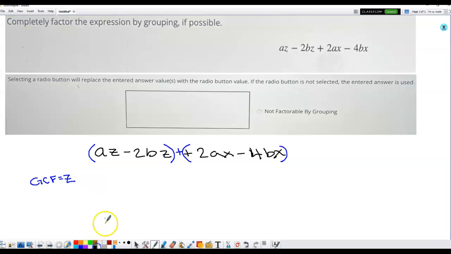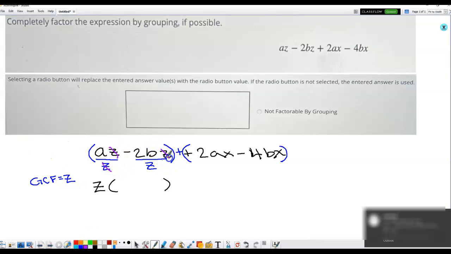So Z is my GCF of those first 2 terms. So I don't forget, I'm going to write it outside my parentheses. I'm dividing by Z. That's how we factor out a GCF. So my leftovers are A minus 2B.